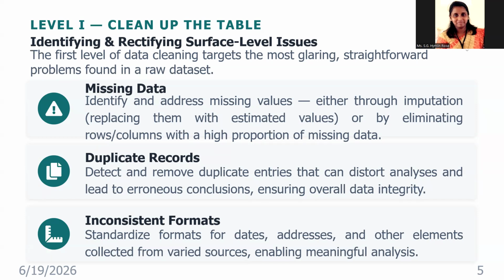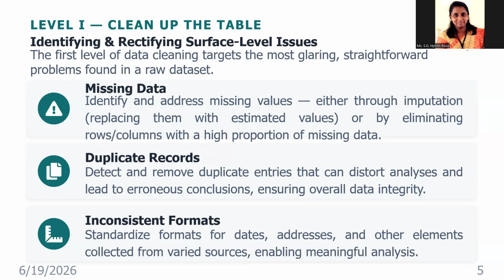So the first one is missing data. What is missing data? Missing values are one of the most common problems in real-world data sets. They can arise from non-response in surveys, sensor failures, system errors, or simply because certain fields were not applicable at the time of data entry. There are two approaches.